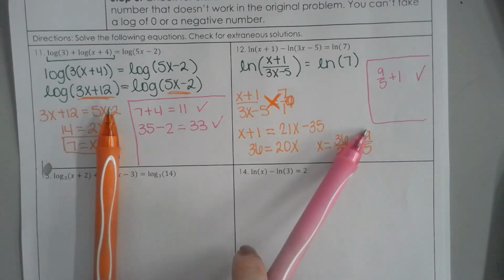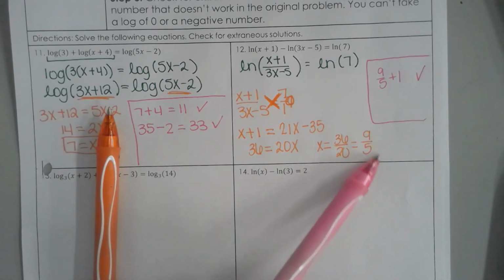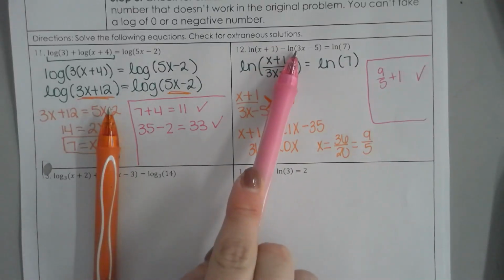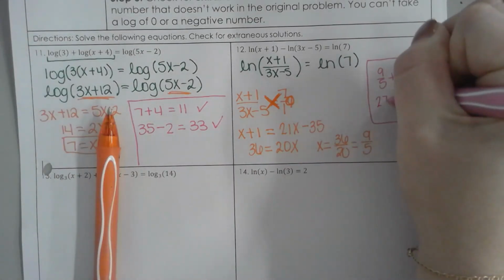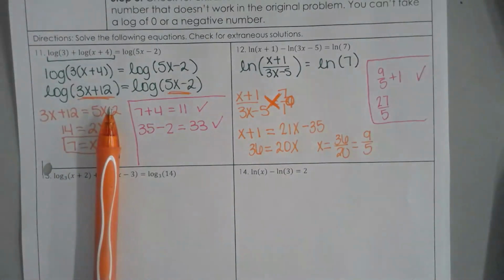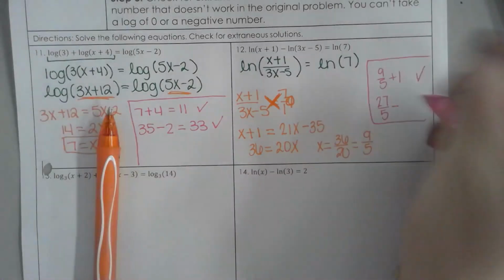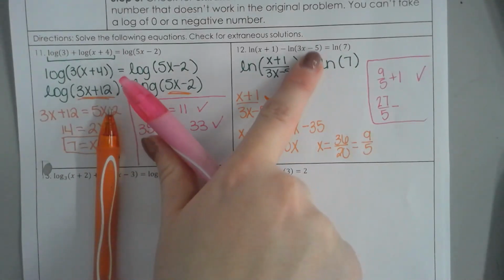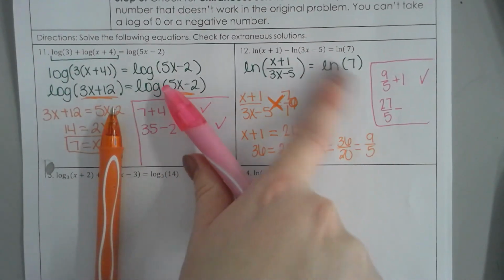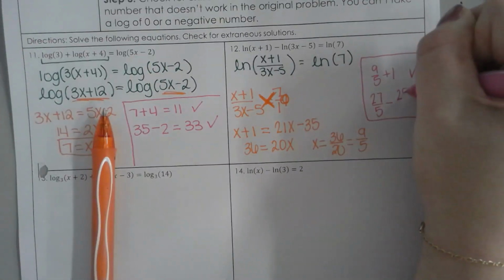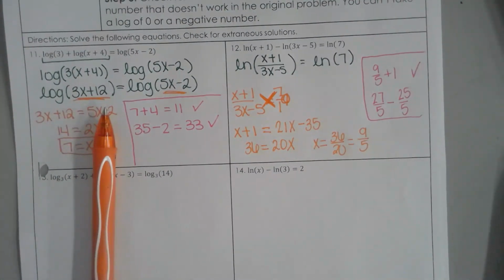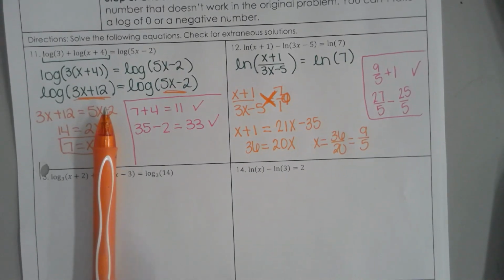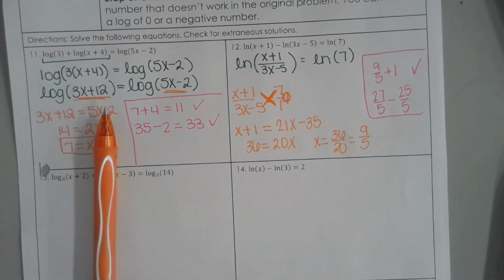So if you take 9/5 times 3, that's going to be like 27/5, minus, if I want to give this one a denominator of 5, it's going to be 25 over 5. So, is that going to give me a positive number? Yeah.